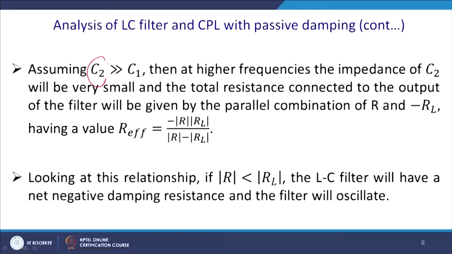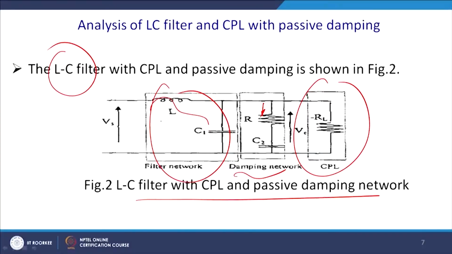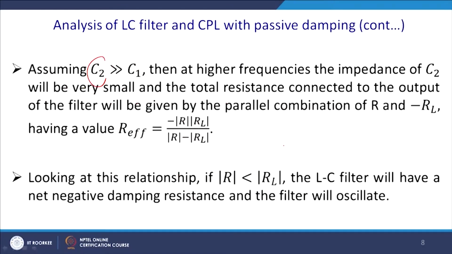Please go back to the figure: this is C1, the filter capacitor, and this is the damping capacitor C2. Assuming that C2 is much greater than C1, at higher frequency the impedance of C2 will be very small, and the total resistance connected to the output of the filter will be given by the parallel combination of R and the CPL load, that is RL, and thus the effective R has a minus sign coming from the CPL.